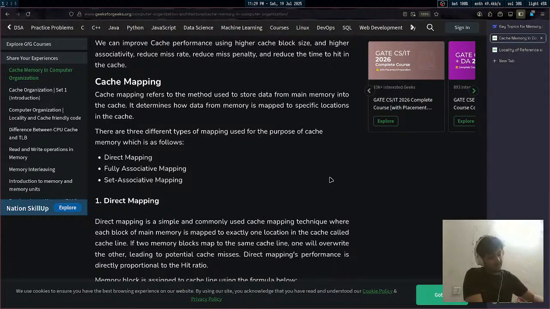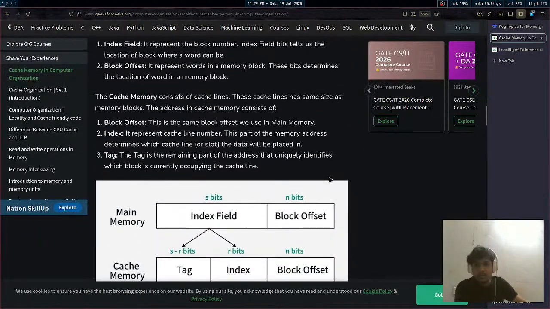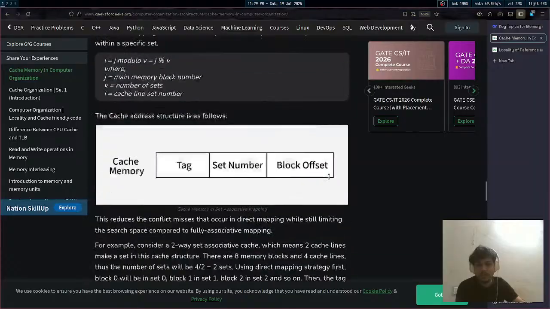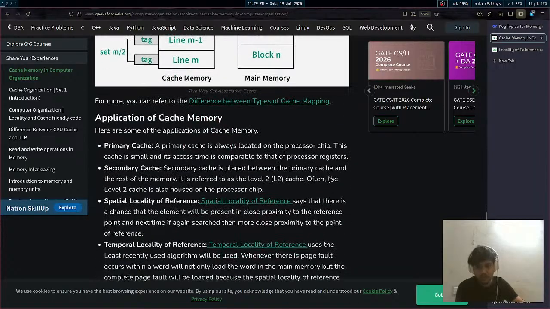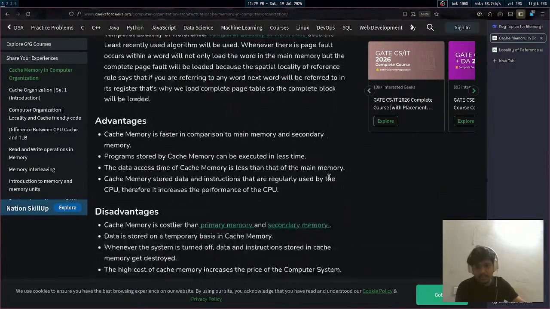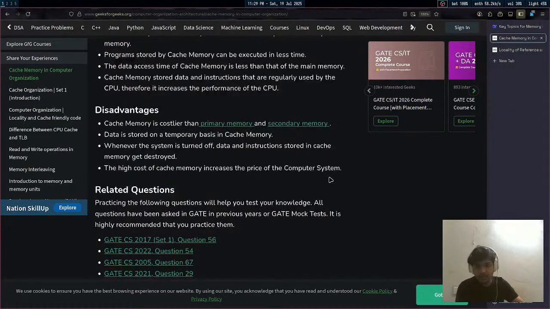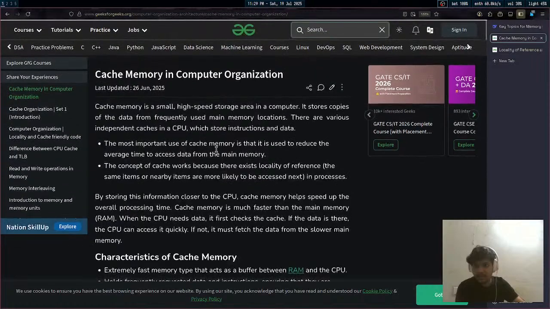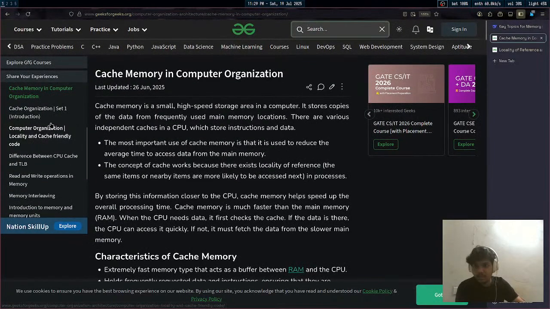So in those topics, cache mapping, I think I have to look into again. Let me look from above at what is in this topic.